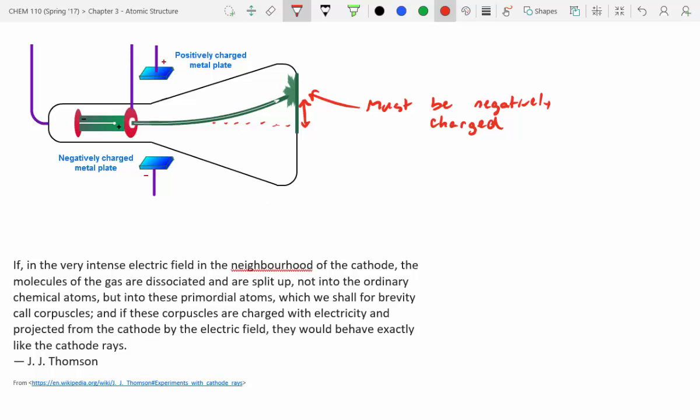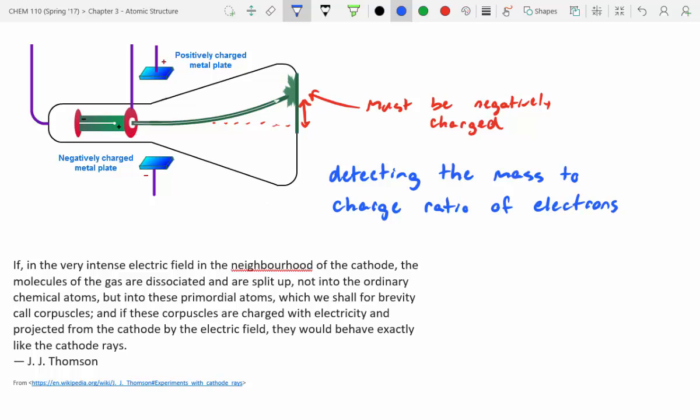So prior to this, people knew of atoms, but they didn't really understand what was inside an atom. He was the first person to describe electrons. However, he was somewhat incorrect with this quote here. So ultimately what he was doing was detecting the mass to charge ratio of electrons.